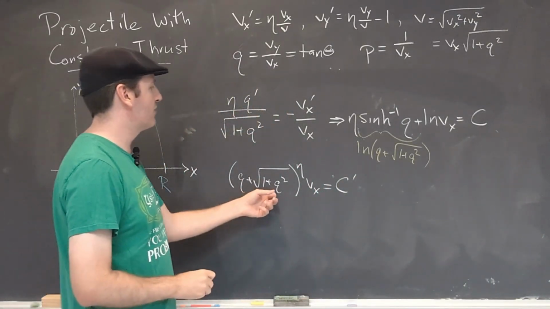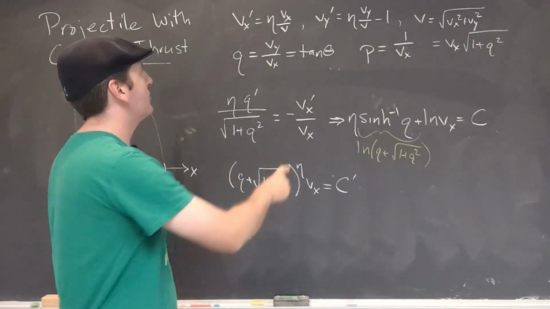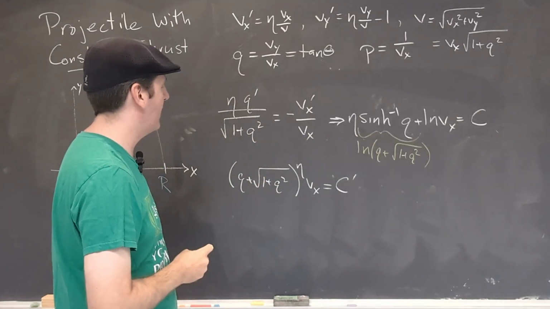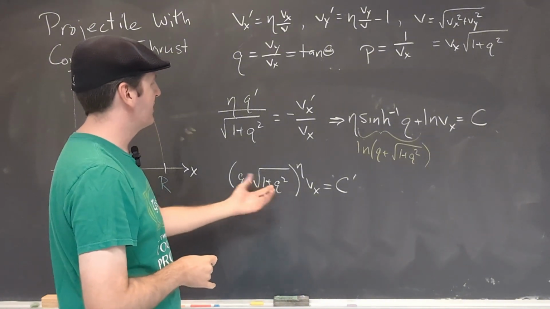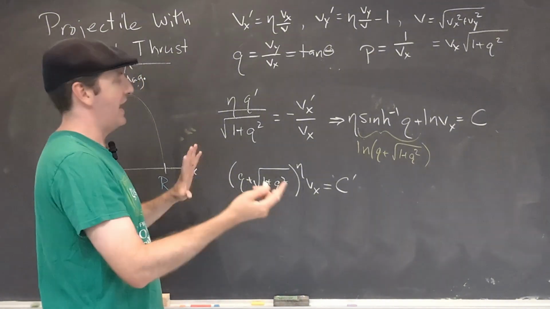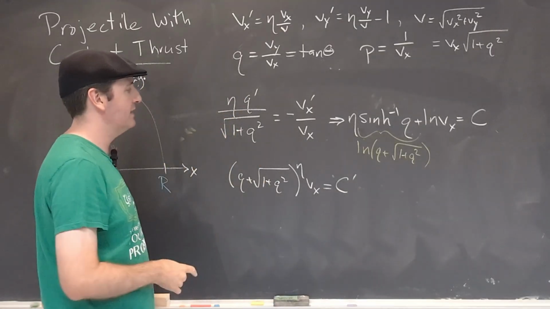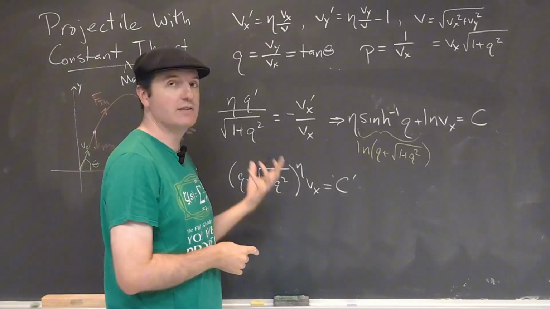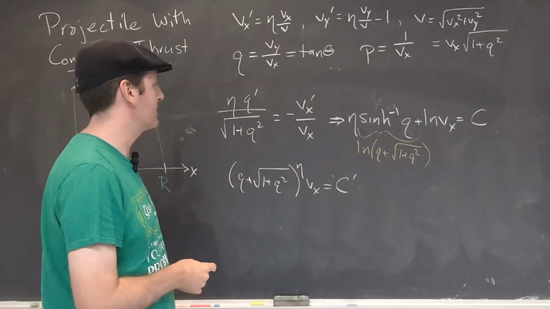And finally, if you did want to rewrite this one last time, remembering what q is, either in terms of theta, which is kind of convenient, or in terms of vx and vy, there's a lot of different ways you can write this. We end up with this relationship between, again, either the components vx and vy, kind of complicated, or maybe better in terms of v, the speed, and theta, the angle that the velocity vector makes.